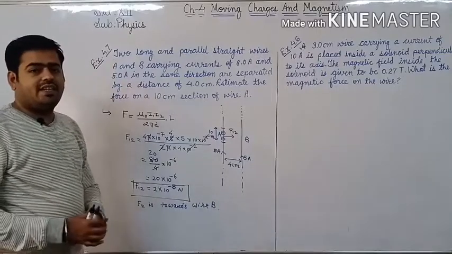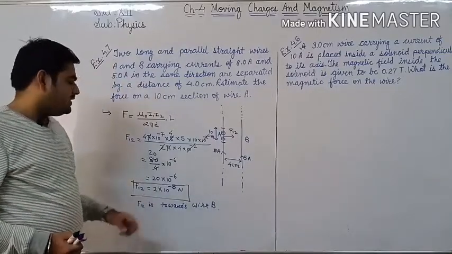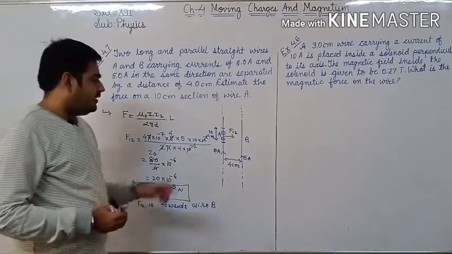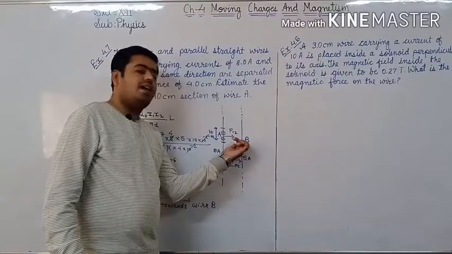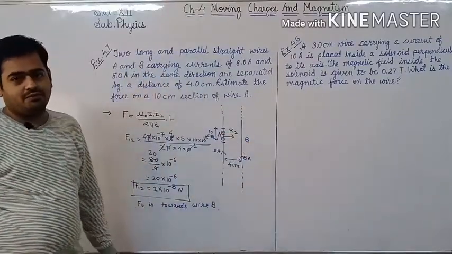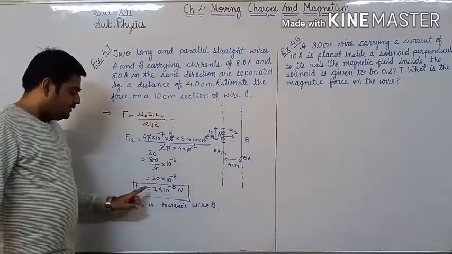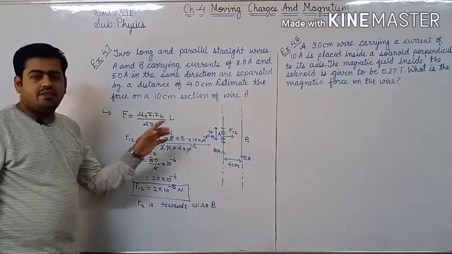So whenever currents are in the same direction, which type of force will act? Attractive force. The force acting on the first wire due to the second wire will be in this direction, and the force acting on the second wire due to the first wire will be in this direction. Therefore it is an attractive force. So F12 is 2 into 10 raised to minus 5 Newton, and its direction is towards wire B.